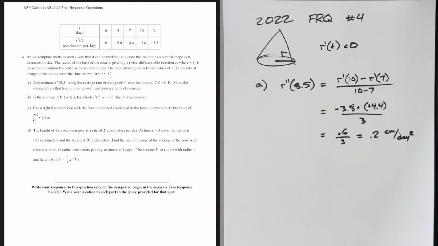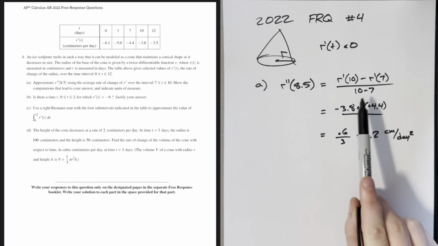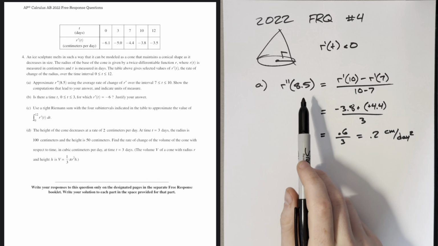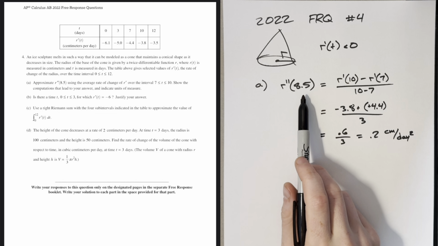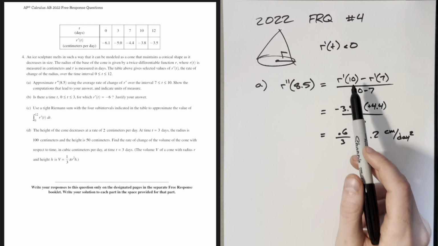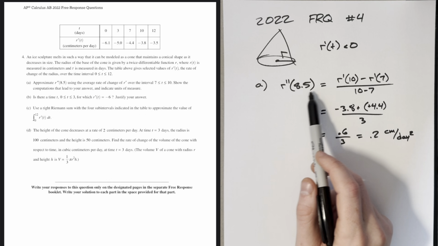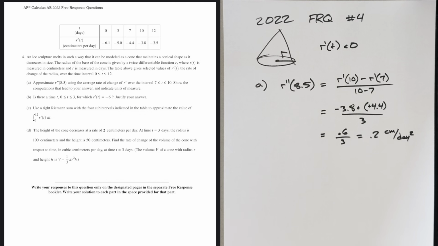The biggest thing for this one is just remember the average rate of change is a really great approximation for instantaneous rate of change. Specifically on the AP, whenever they ask you to approximate a rate of change, they're always going to give you two endpoints that have values where what you're approximating is halfway between them.